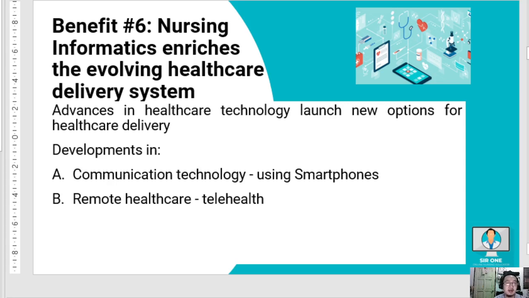Examples: letter A, communication technology using smartphones, and letter B, remote healthcare or telehealth. You can have telehealth in your smartphones. So regarding the growing field of telehealth, patients are receiving education, checkups, self-management trainings, and more.